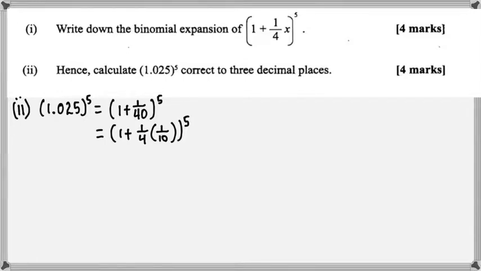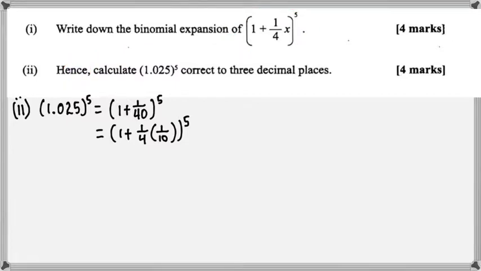And a quick thing to note: if you just plug 1.025 to the power of 5 into your calculator and give the answer correct to 3 decimal places, you will get it wrong. The hence means that you have to use this. They didn't say otherwise. If they had said hence or otherwise, you could have plugged it into your calculator, but they only say hence.